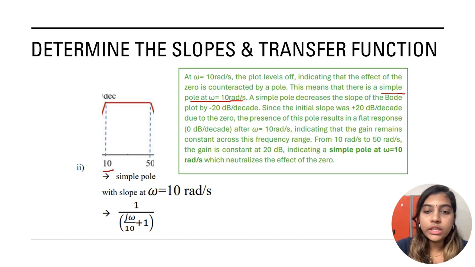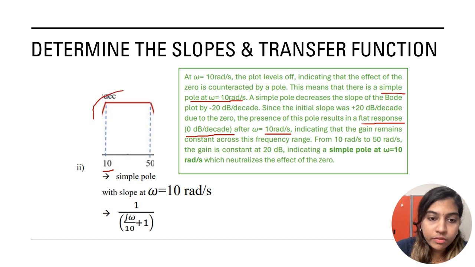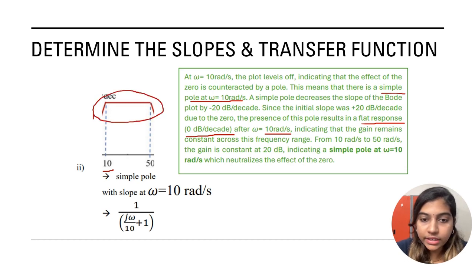A simple pole decreases the slope of the bode plot by negative 20 dB per decade. Since the initial slope was positive 20 dB per decade due to the zero, the presence of this pole results in a flat response, which is 0 dB per decade after omega 10 radian per second, which is why we get a flat line here.